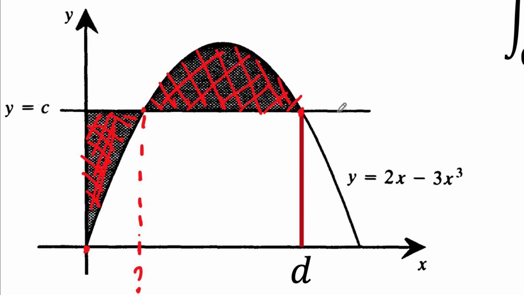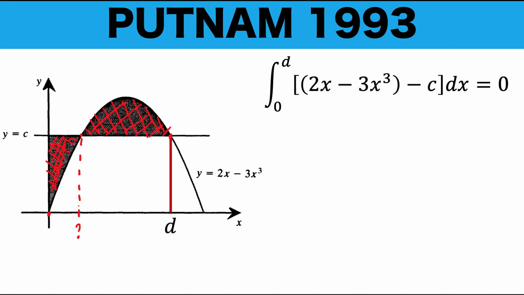In other words, if we write the function y equals 2x minus 3x cubed first and subtract the function y equals c, then in this left part we are going to get a negative area, and after this point, the area would be positive. Because here the curve is above the line, whereas here the line is above the curve.